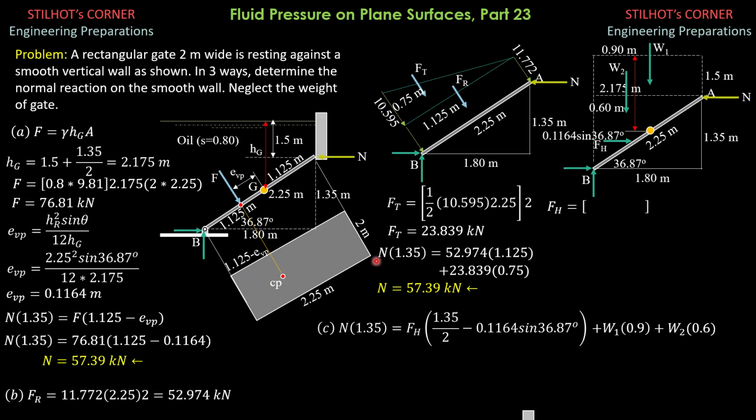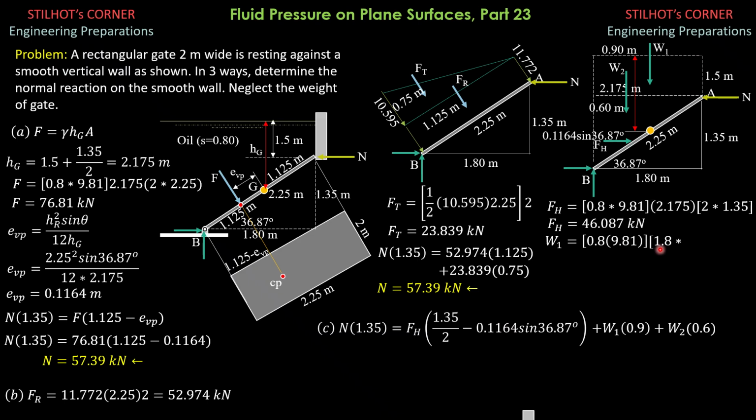2 meters is this. So FH is 0.8 times 9.81 times 2.175, 2 times 1.35. So FH is equal to 46.087 kilonewtons. W1 is simply specific weight of oil times volume it encloses. So 0.8 times 9.81, the volume is 1.8 by 1.5, then perpendicular to the board 2 meters.